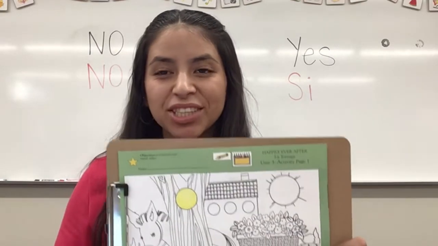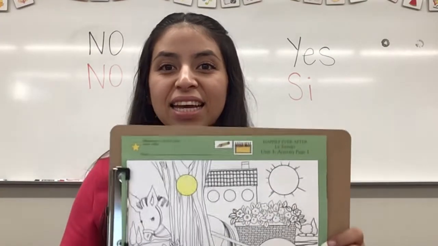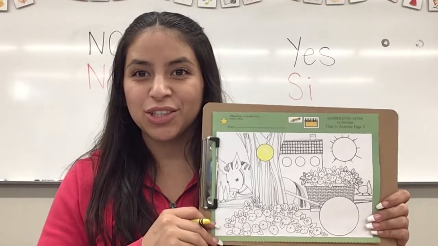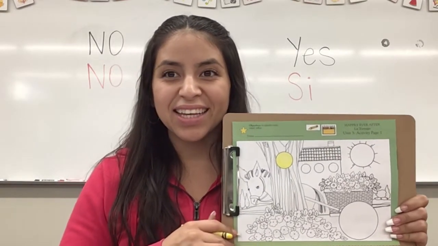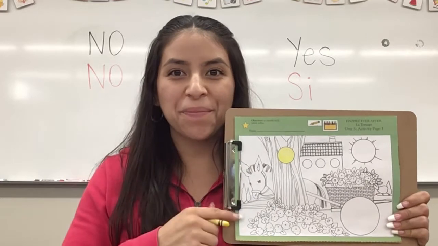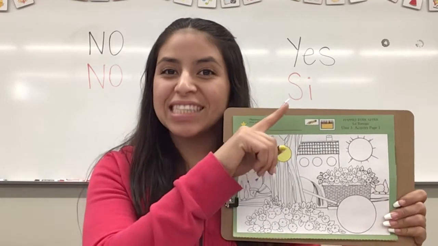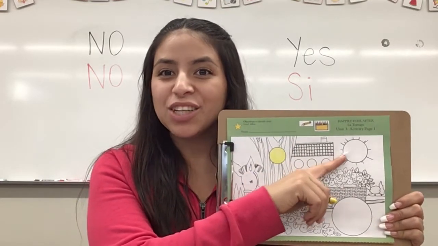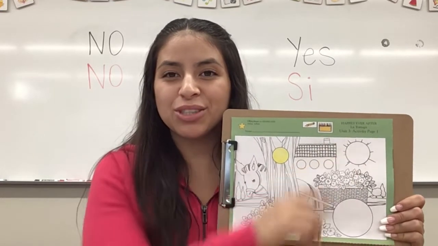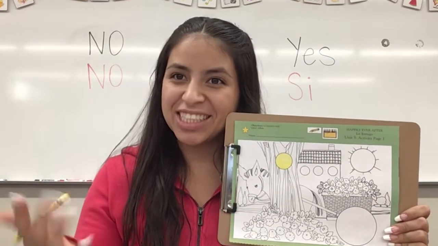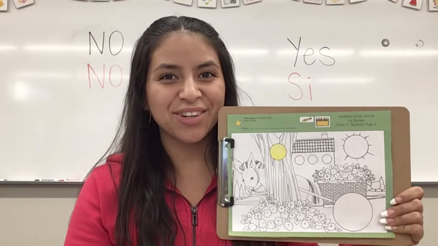Okay, next question. Is the sun in the sky? Do you see the sun in the sky? Sí or no? If you answered sí, that means yes. Go ahead and trace your round circle, your round sun I should say, and color your sun yellow.